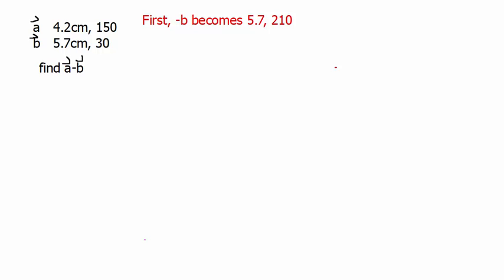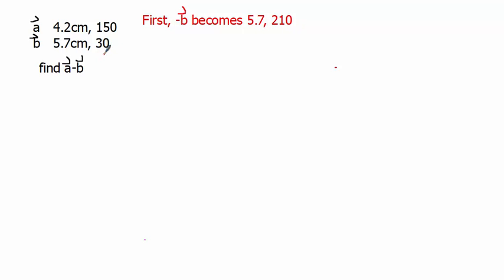Let's take a look at a subtraction problem. We want to find vector A minus vector B. These are our vectors. The very first step we need to take, we can't just put a minus sign in the problem. We need to find negative B vector, and that is going to end up being changing the angle 180 degrees.